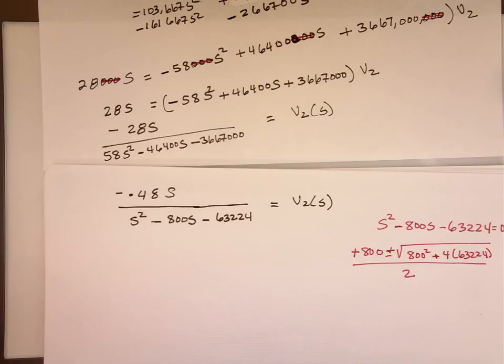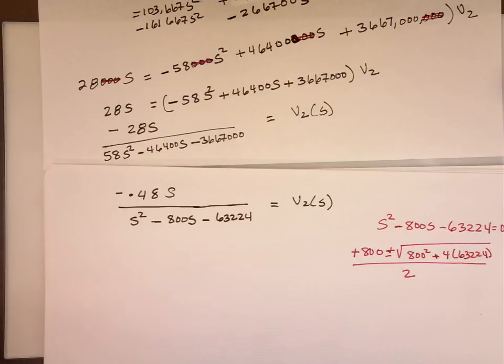So let's find that number. 800 squared plus 4 times 63224. Get a number. Let's take the square root of that number. I have to close the parentheses on this, I guess.